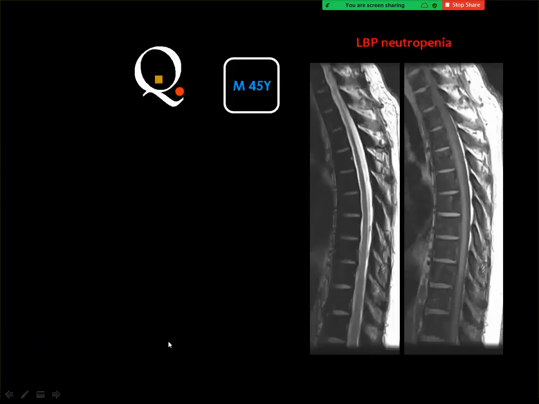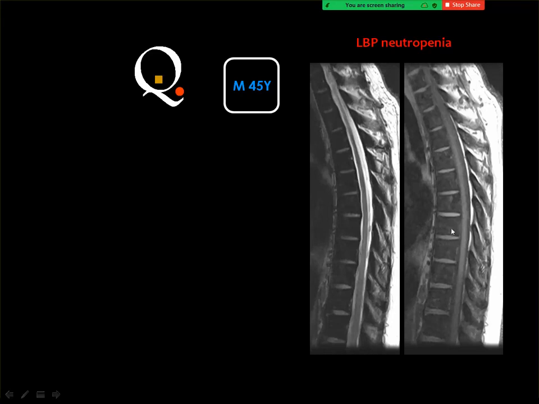The next case is a case that you can frequently see in clinical practice. Sometimes you can see that the bone marrow is dark in both T1 and T2 weighted images. The darkness is measured according to the signal of the disc.